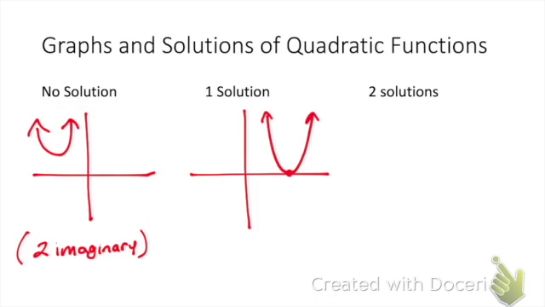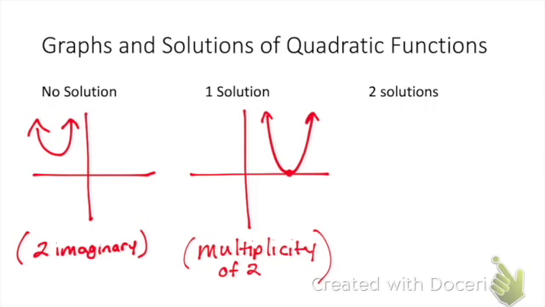So if I have one solution, because I know that I need to have two, you're going to have what's called a multiplicity of two, which means that that zero is occurring twice, which means you have two linear factors of that same zero to get that quadratic. Does that make sense?